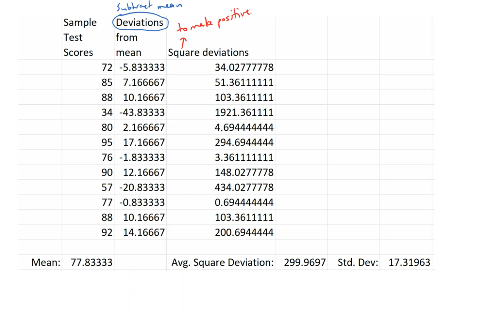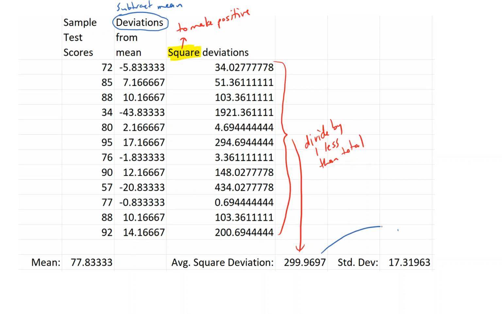Then I calculate the average of these, but I divide by one less than the total. And finally, because I squared my deviations, I have to unsquare to turn it back into a distance. Okay? And hopefully you got a feel for how to do this in Excel too, if you want to do it more quickly than by hand and more accurately.